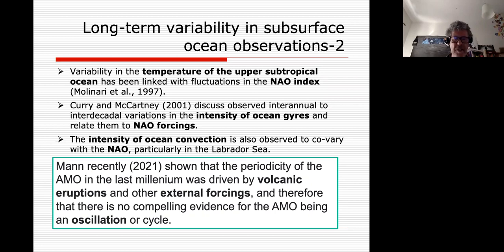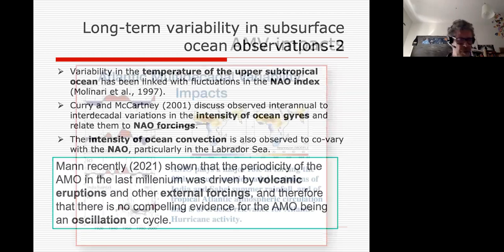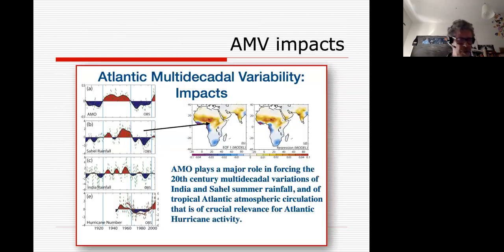Here Mann suggested that even oscillation is not appropriate, but it's better to see it as episodic events that trigger a response by the ocean via atmosphere changes. Which are the impacts of the multidecadal variability?